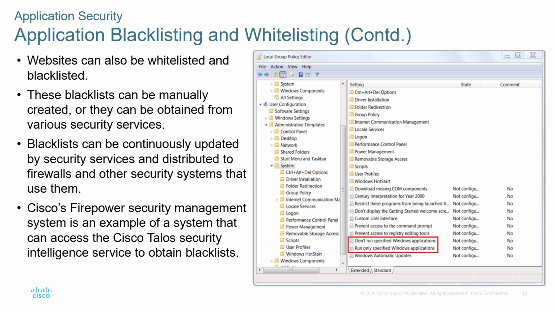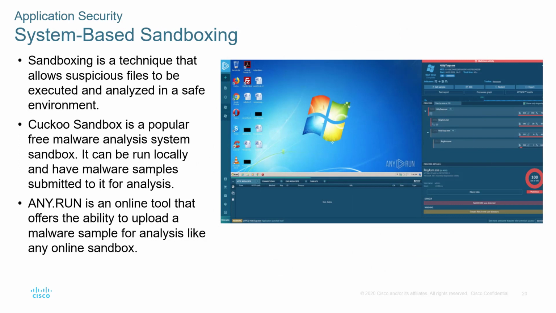And you can do the same thing using the Cisco Talos Security Intelligence Service, which will be obtaining blacklists. For a Windows machine, we can have an agent on the machine, and that will let us look at certain things as well, or prevent certain things from running.